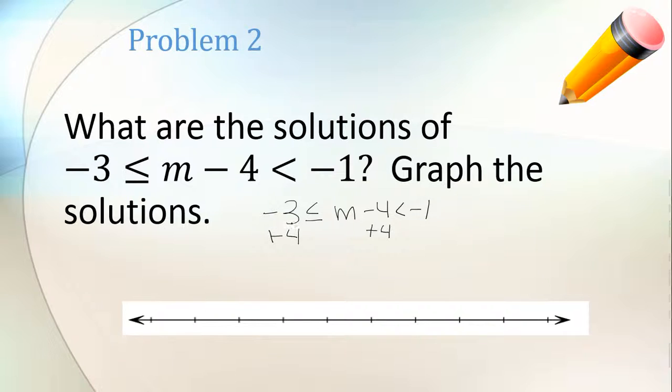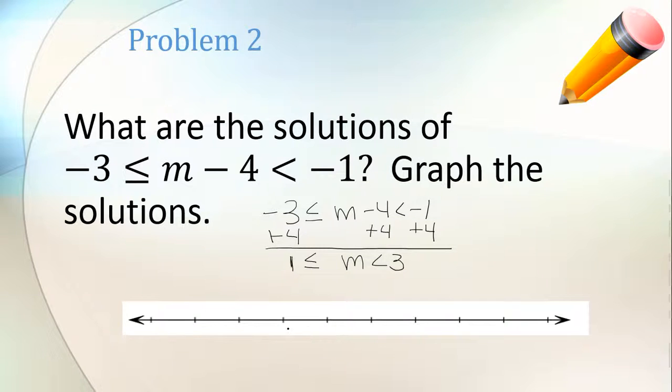So instead of just adding 4 to this side, I'm going to add 4 to that side too. So technically, I'm dealing with two different problems at the same exact time. So I got -3 plus 4, which is 1. Keep my sign. M less than -1 plus 4, 3.